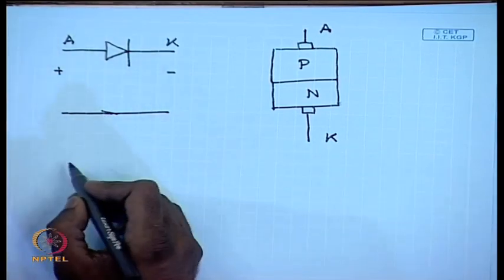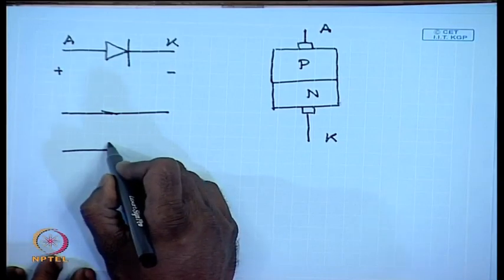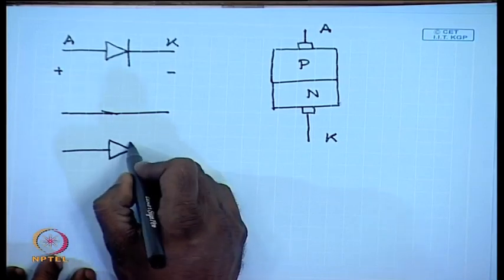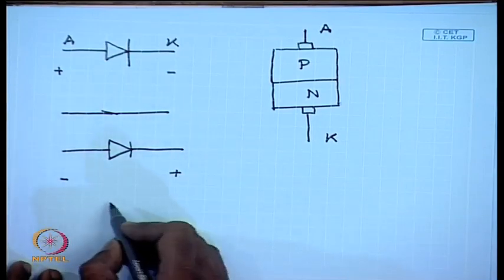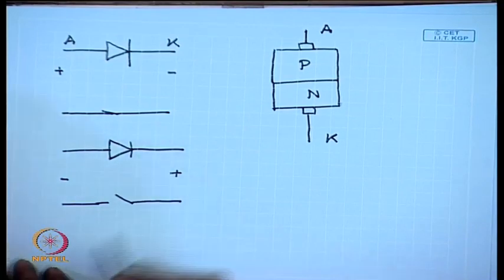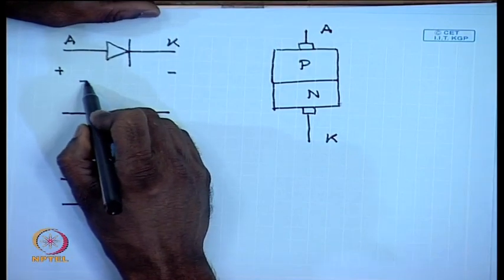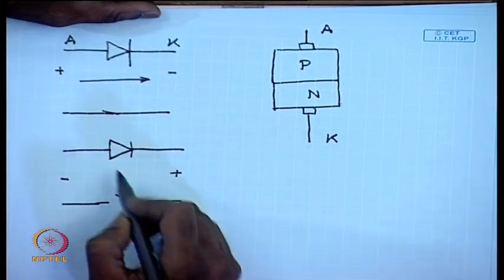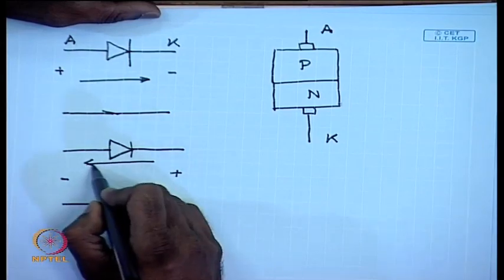But if we apply a reverse polarity of voltage, it behaves like an open switch. The current through a diode can flow only in one direction, from anode to cathode.